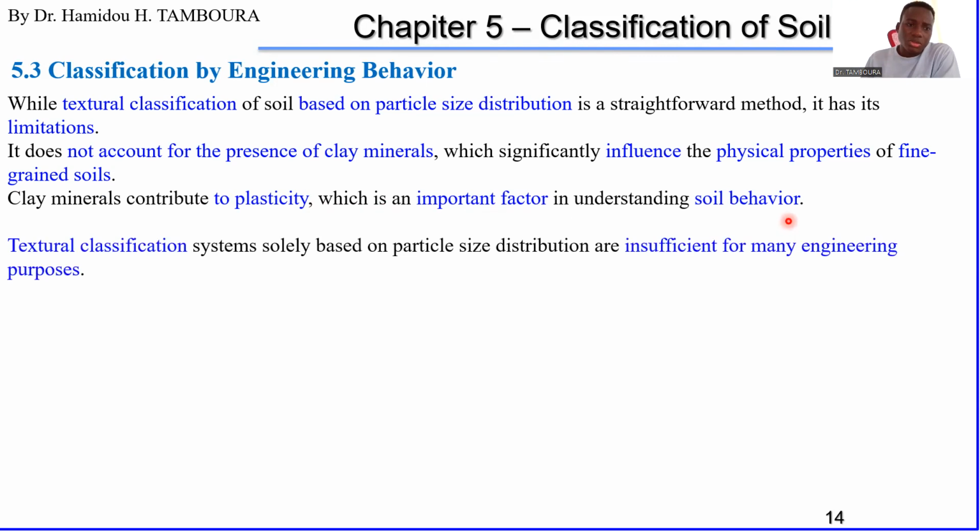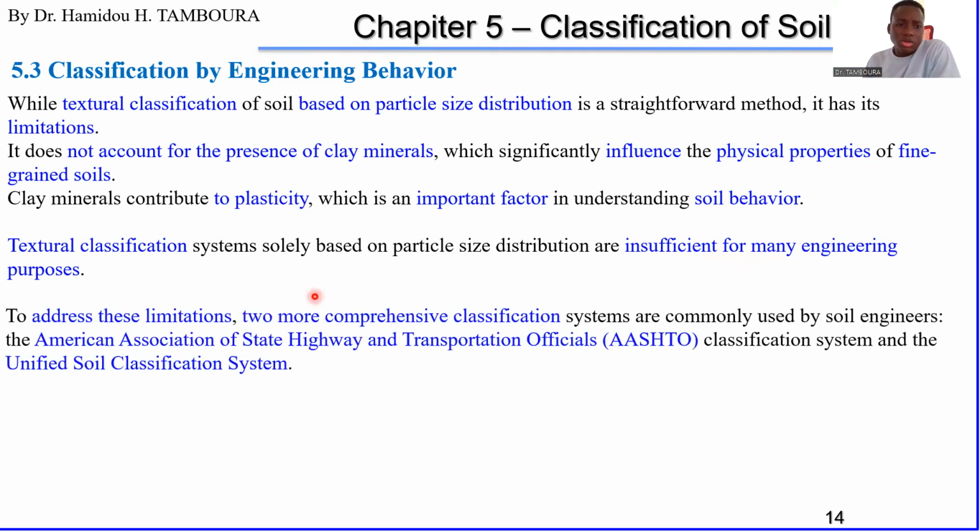Okay, so textural classification solely based on particle size distribution is insufficient for many engineering purposes. To address these limitations, two more comprehensive classification systems are commonly used by soil engineers.